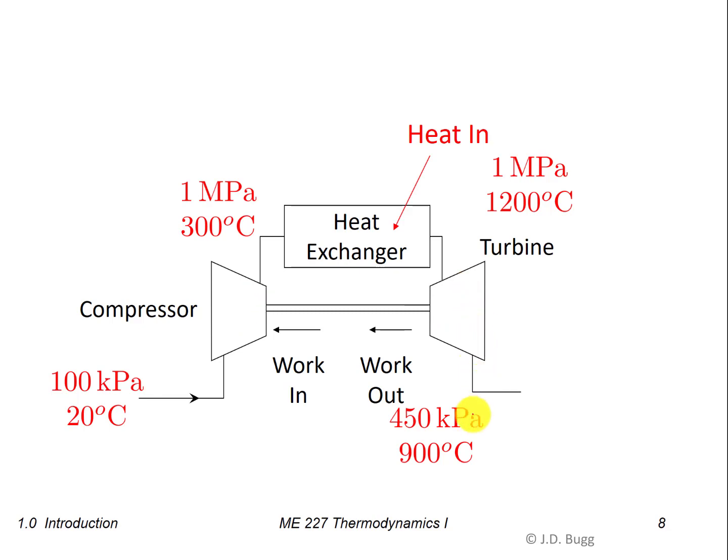So typically, coming out of the turbine, we would still be at quite a high pressure, 450 kPa, and the temperature will drop down somewhat to 900 degrees C. So notice there's still a lot of energy left in this air. Very high pressure, 450 kPa, and very high temperature, 900 degrees C.